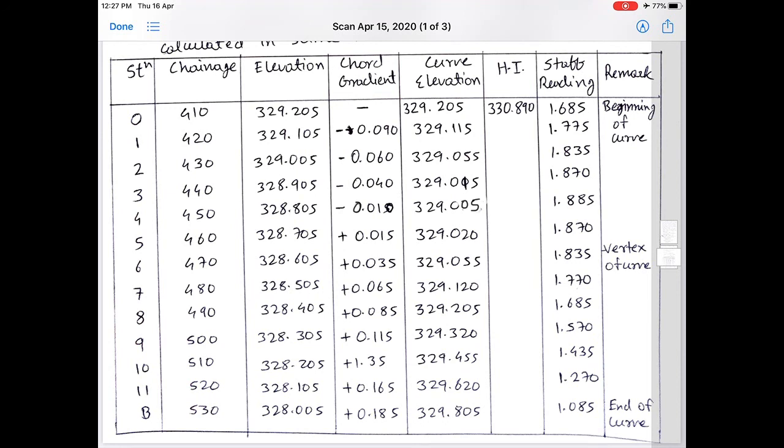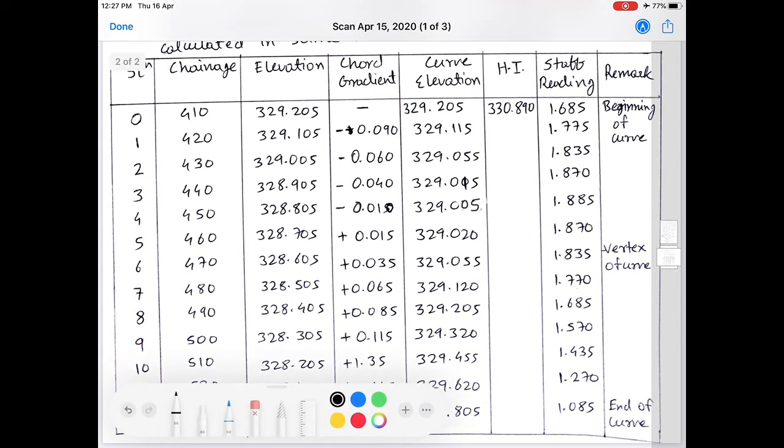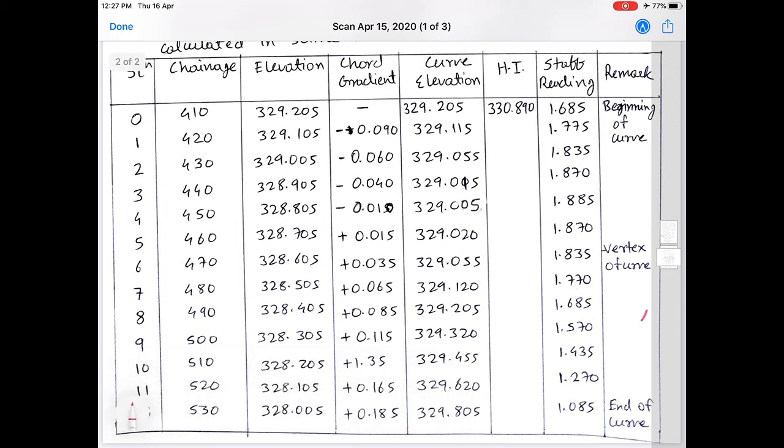After knowing the chord gradient, the next step is to find out curve elevation. To find the curve elevation of the first point, as you can see over here, the curve elevation for the first point will be the same as there is no chord gradient. For the second point, the curve elevation can be found: curve elevation minus chord gradient will give us curve elevation.